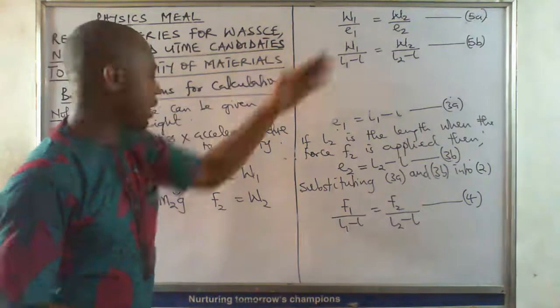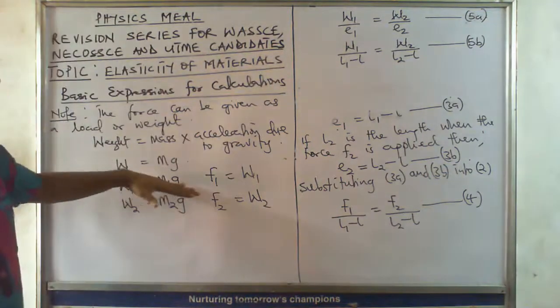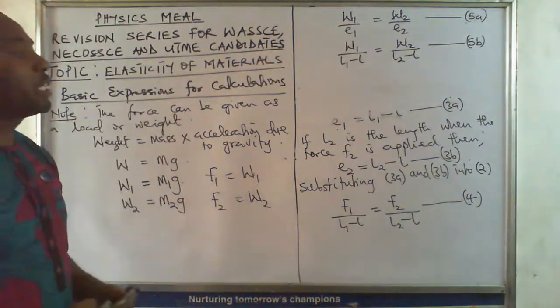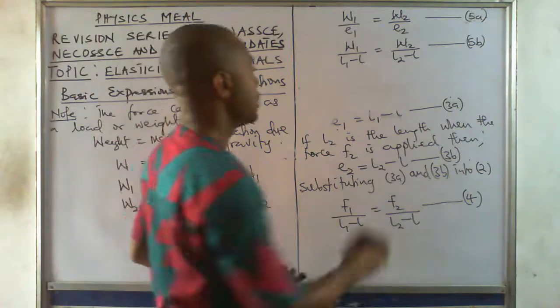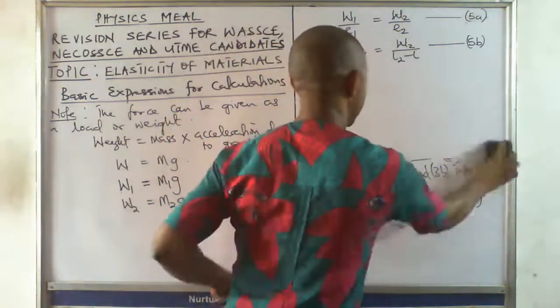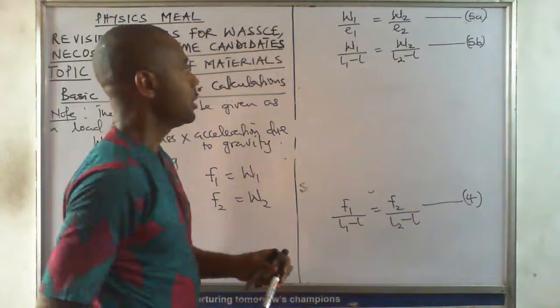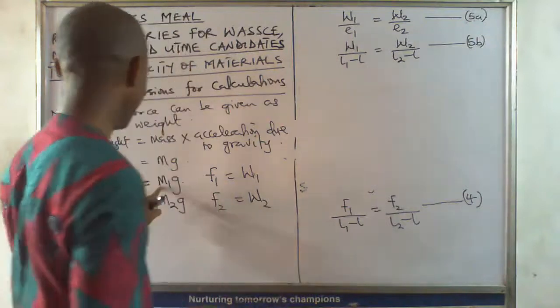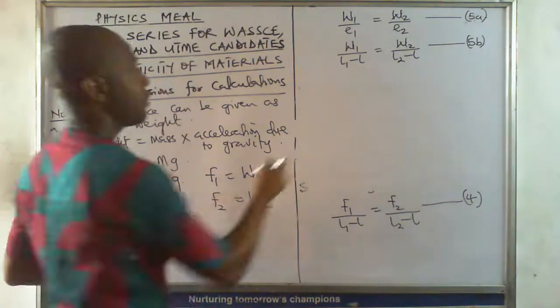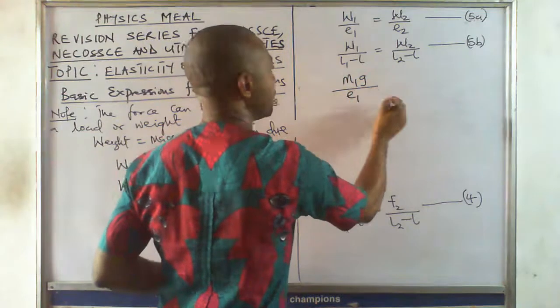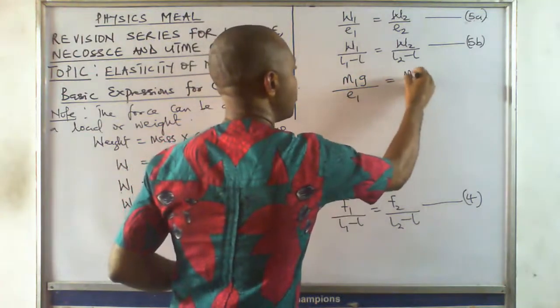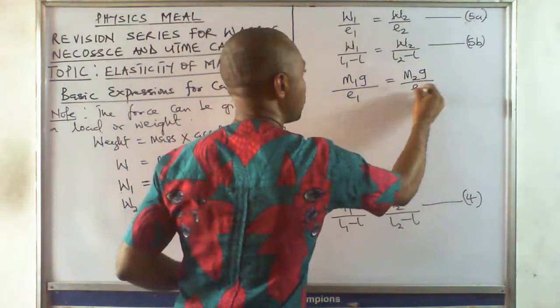Now these weights, we can also substitute M1G for them, and then we generate other expressions. Very important. So since W1 is M1G, I can write it as M1G all upon E1 equals M2G all upon E2.